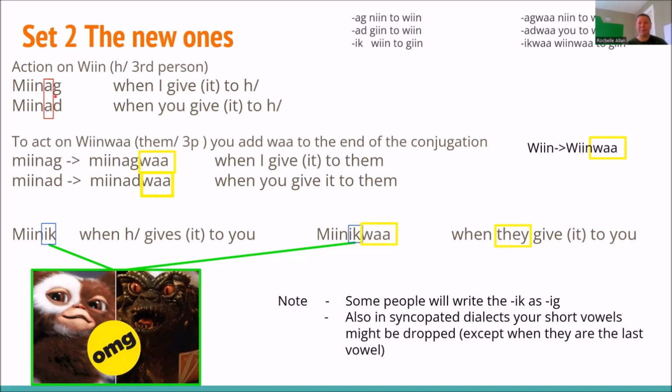Ug, ag, ug is action from me to third person. And so we know that this is kind of outward action, and I don't know why, but the G helps us to know which one. So it's action from me to him or her.